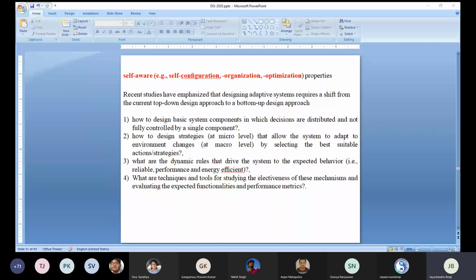You are also a biological system, so these are all happening in you also. The third question: what are the dynamic rules that drive the system to the expected behavior? What are those rules you need to define? And what are the techniques and tools to realize them?